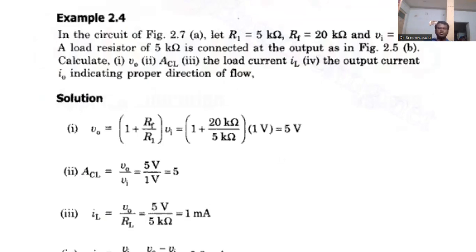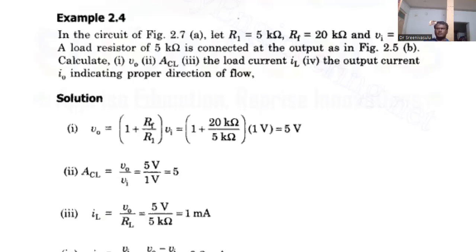Calculate V0, the closed loop voltage gain, the load current, and the output current, indicating the proper direction of flow. First of all, you write the given data. R1 is 5 kilo ohm, RF is equal to 20 kilo ohm, and Vi is also given as 1 volt.